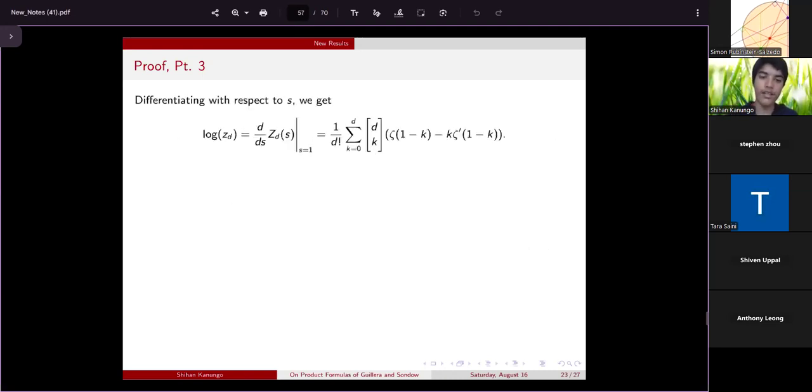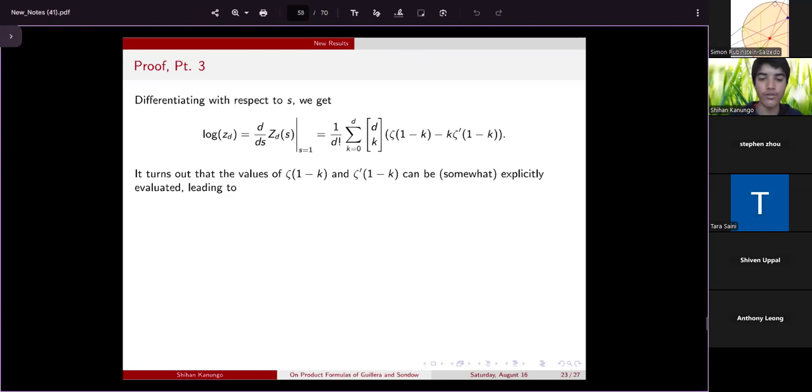And then finally, to get our actual infinite product, we need to take the derivative of this at s equals 1, which gives us the final formula. So now once we have this, you may ask, okay, we can write this product in terms of the zeta function, but can we explicitly evaluate it like we did for e to the gamma or square root of 2 pi for e?